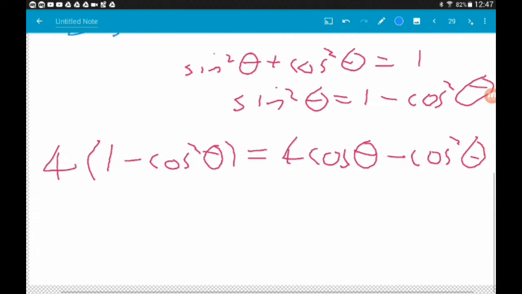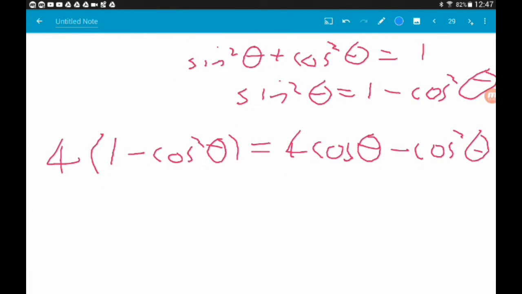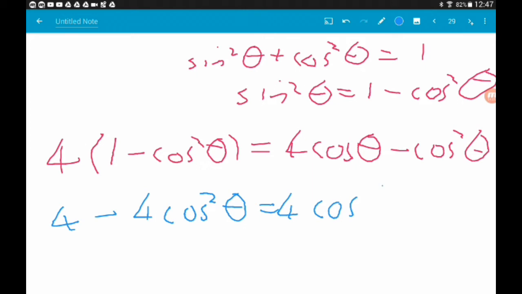Okay, so if we expand all this out, we've got 4 minus 4 cos squared theta is equal to 4 cos theta minus cos squared theta.